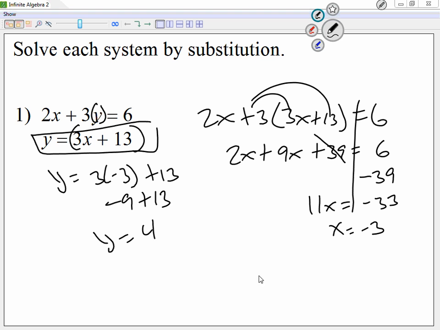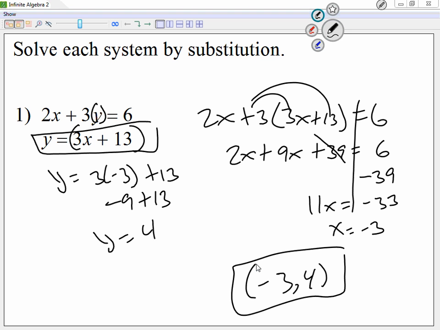So my solution is negative 3, 4. You're supposed to find the value of the x and y, so two values. By writing everything in terms of x, we can solve for x. Once we solve for x, we go and solve for y.